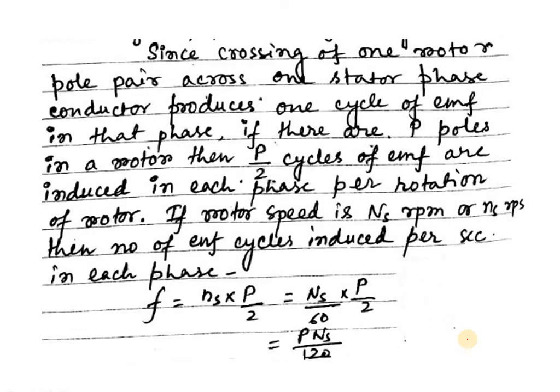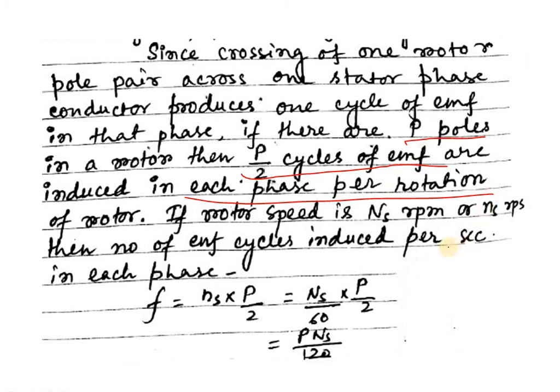Crossing of one rotor pole pair across the stator phase conductor produces one cycle of EMF in that phase. If there are P poles in a rotor, then P/2 cycles of EMF are induced in each phase per rotation.